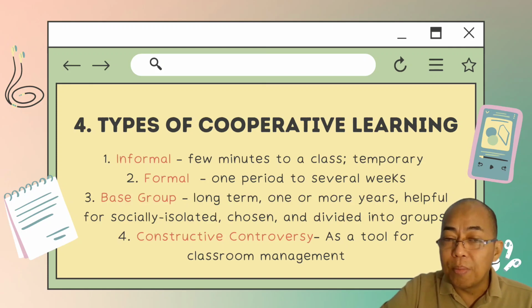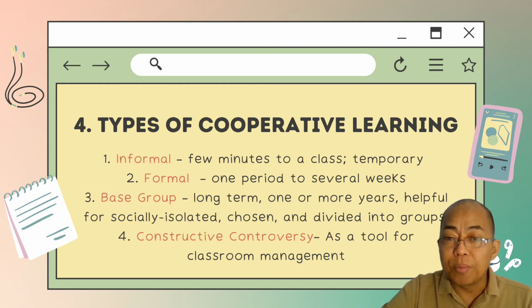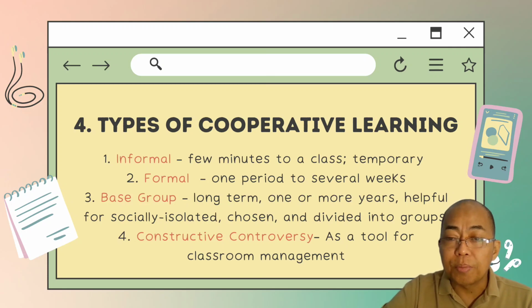Cooperative base or home group is more permanent and actually much longer. So the engagement of the students to the group is much longer as compared to informal or formal. The students in the group provide not only academic support but even emotional support.